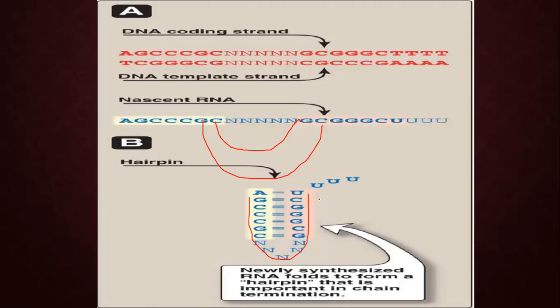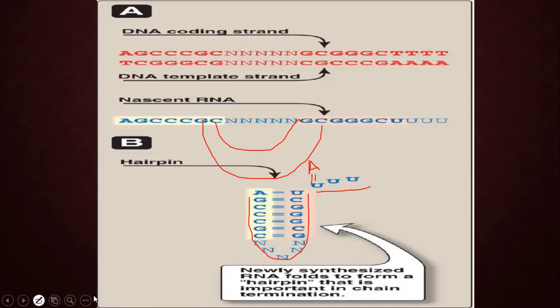Then, just beyond the hairpin, we have a string of U's, and they have weak binding with the complementary adenine. So 2 hydrogen bonds, and like here you have 3. This weak binding will allow the release of the nascent RNA.